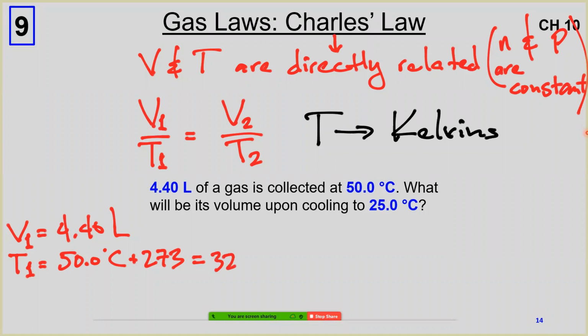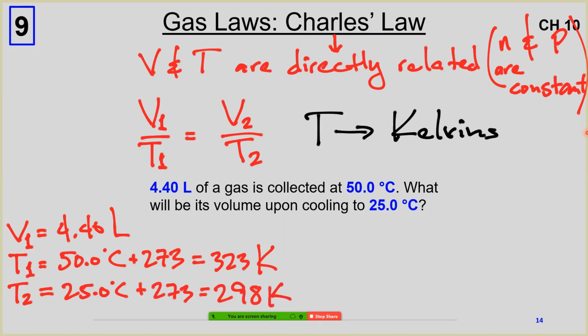So that would be 323 kelvins. And then we have the final temperature here, T2, which is 25 degrees Celsius. The question here is, what would be its volume? That would be the final volume.